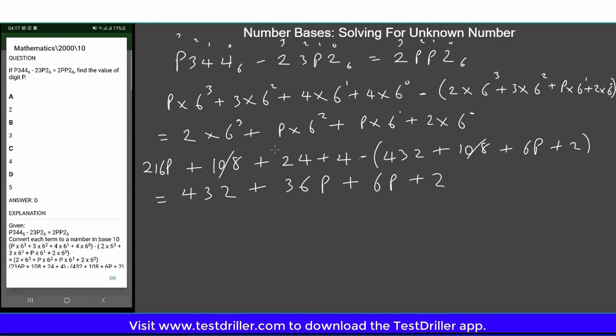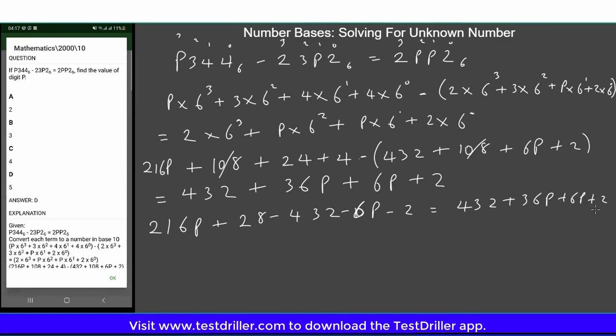So here you have 216P, then plus this is 28, 28 minus 432, then minus 6P, then minus 2 equals 432 plus 36P plus 6P plus 2. So the next thing is just to collect like terms and simplify further.